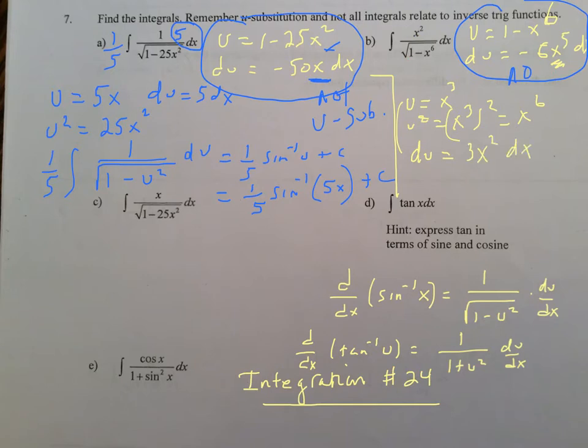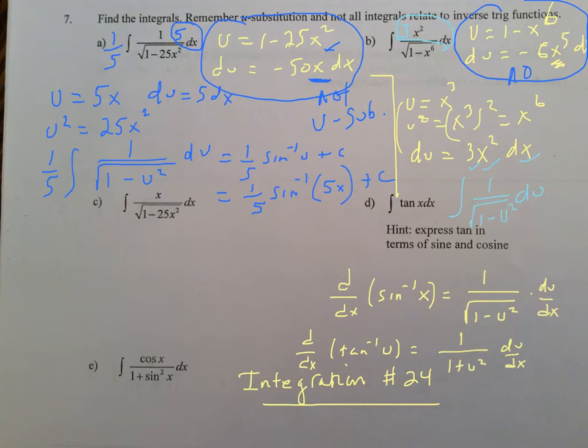So all I need to do in this case to make my substitutions work exactly as they need to be is if I put in a 3 right here in the numerator, then these 3 terms are going to make up du, because I have the 3, I have the x squared, and I have the dx. So those would make up du, and then I'd have 1 over square root of 1 minus u squared.